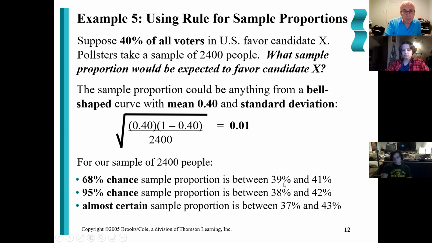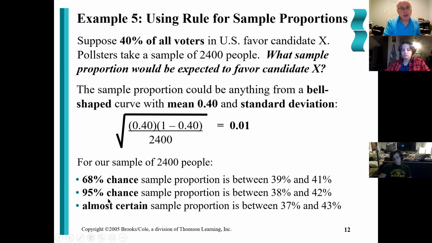Now, how did we come up with that? Well, remember, the empirical rule says the mean plus or minus 1 standard deviation is 68%. The mean is 40%. The standard deviation is 1%. So 40 minus 1 is 39, 40 plus 1 is 41. 68% chance that the sample that you choose will have a sample proportion between 39% and 41%.